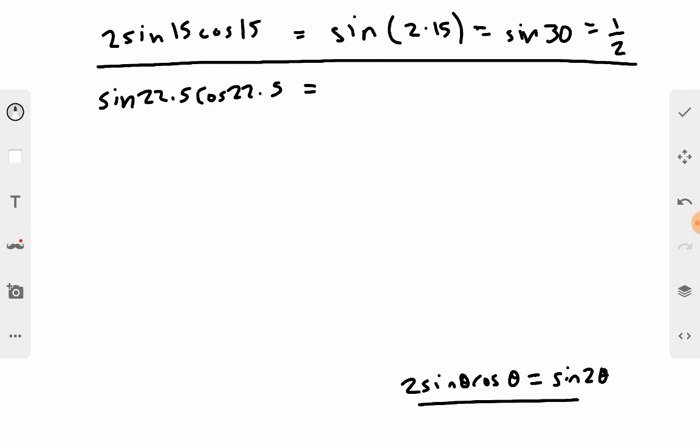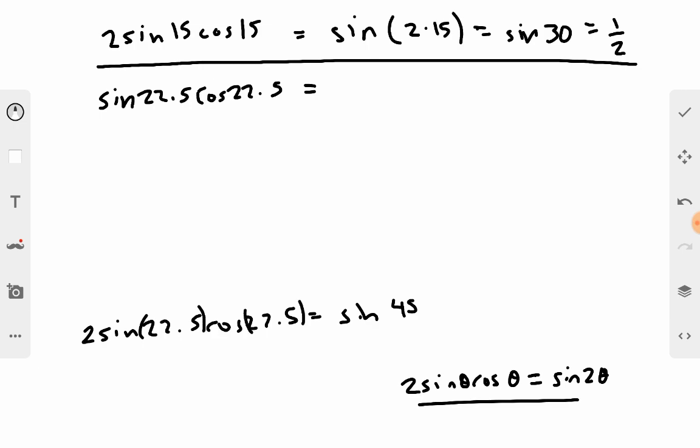So this looks like maybe we should be using the double angle formula. Now it doesn't quite match, so what we're thinking is that if we had 2 sine 22.5 cosine 22.5, then we know that that would be equal to sine of 2 times 22.5. Let me put the parentheses around these, makes it a little easier to read.